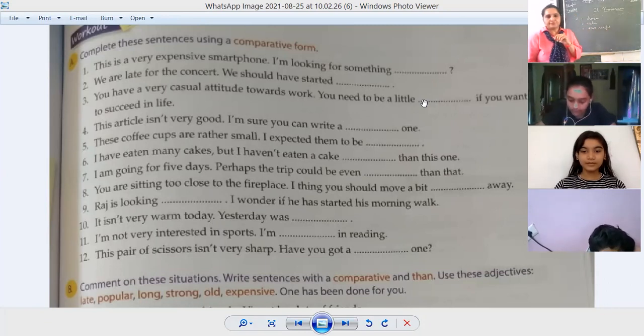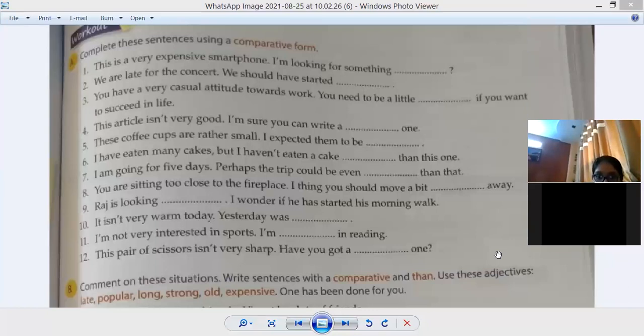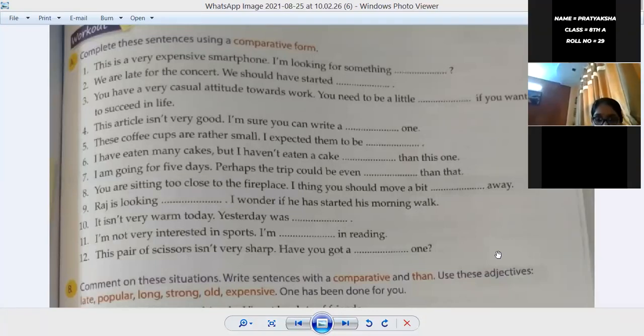Okay. Then, the article isn't very good. I'm sure you can write a better one. Absolutely correct. The comparative form of good is better. Okay. These coffee cups are rather small. I expected them to be larger, bigger.